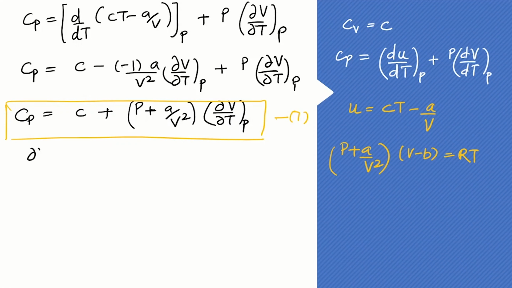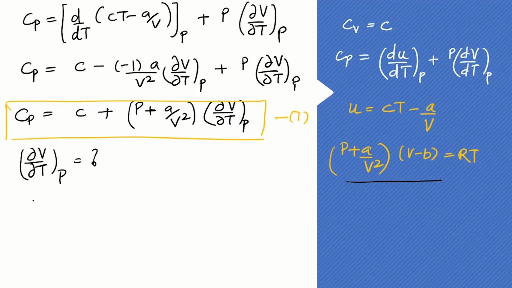So let's find del V by del T now at constant pressure. To find this, we will use this van der Waals equation. So let's differentiate this van der Waals equation with respect to temperature at constant pressure.